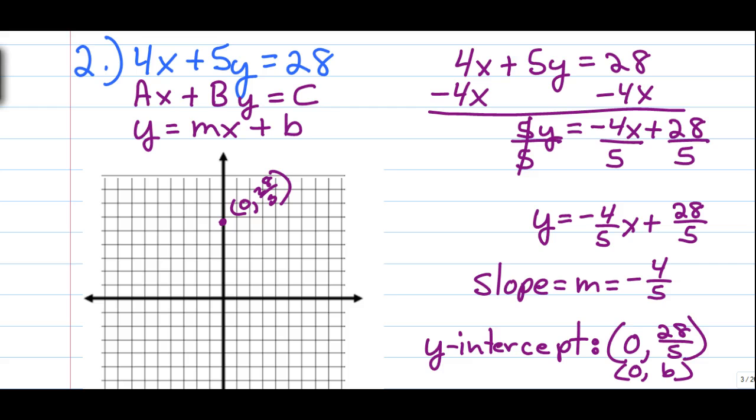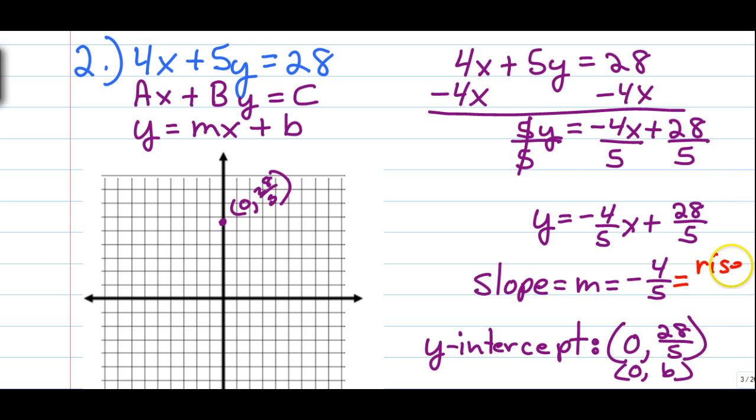Next, we want to graph another point. So what we're going to do is use our slope. We're going to use the rise over run. We have a negative 4 over 5. The negative 4 means that we will drop down 4 places.